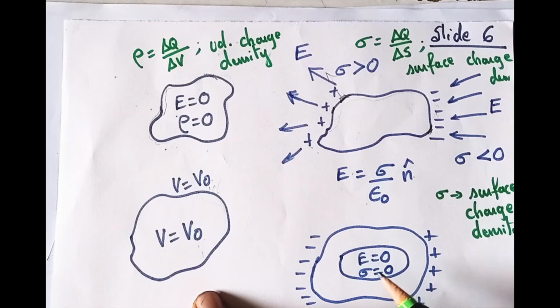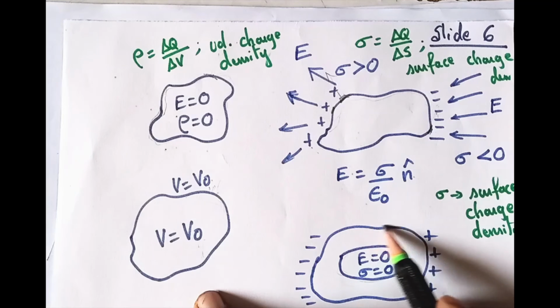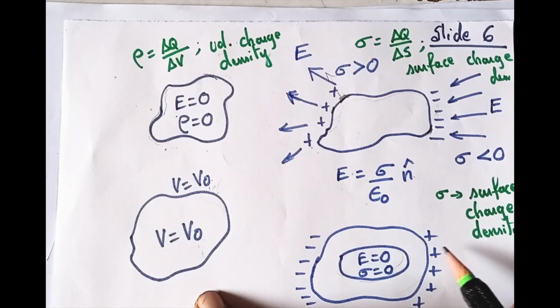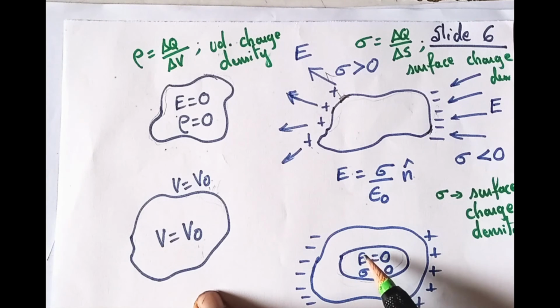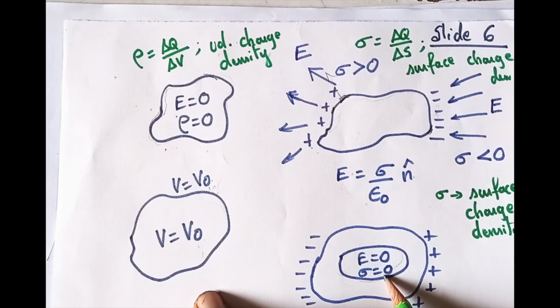Now, we have already seen electrostatic shielding. If you want to protect from electrostatic fields, you can house those components inside the metallic conductor. Positive or negative charge will not penetrate inside and affect the cavity. That means inside the cavity, the electric field is 0 and the surface charge density is also 0. And this is called electrostatic shielding.